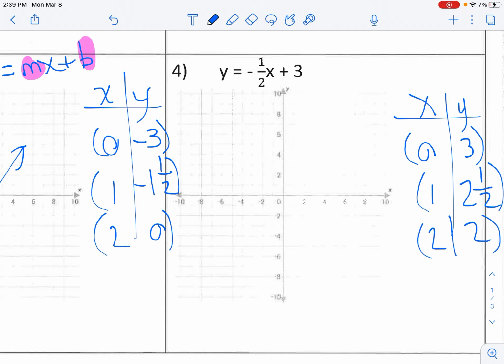Plot your points, 0, 3, 1, 2.5, 2, 2. Whoops, messed that one up. 2, 2. Connect your points. So this has a negative slope. And we already knew that, right? Because here's the slope of your line. Here's your y-intercept. Yep, 3 is exactly where your line hit your y-axis.